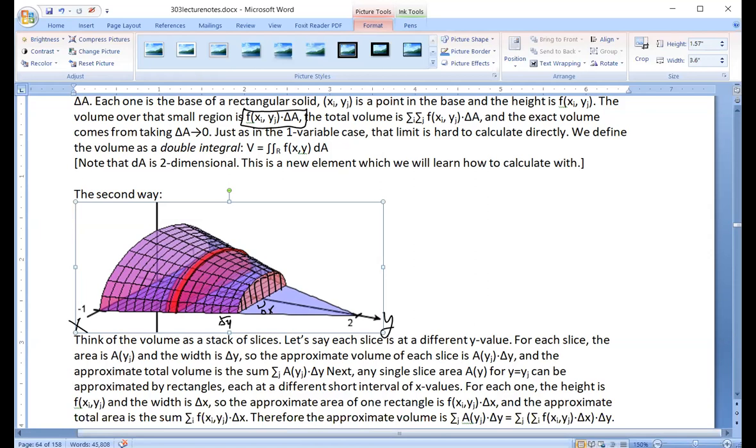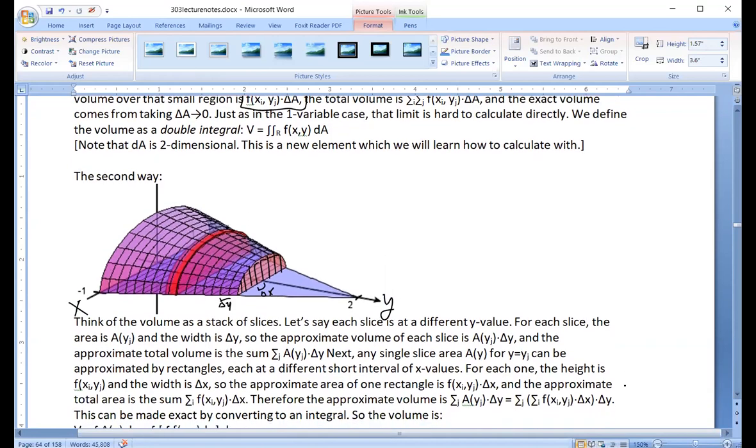It's the sum over j of this thing that we just figured out, the sum over i of f of xi yj times delta x, and then all that plugged back in times delta y. And again, we know there's an approximation, and we understand how to convert this into an integral to make an exact statement.